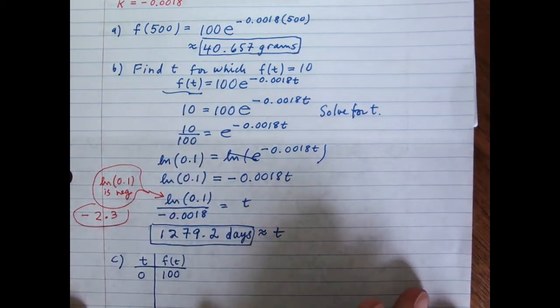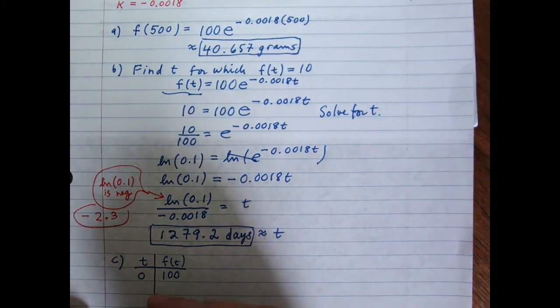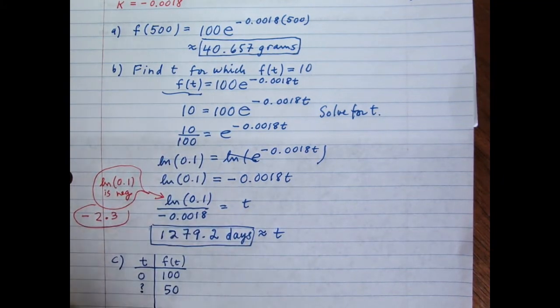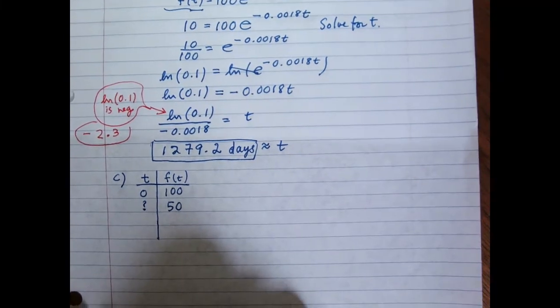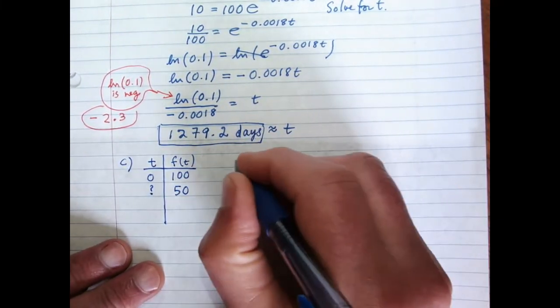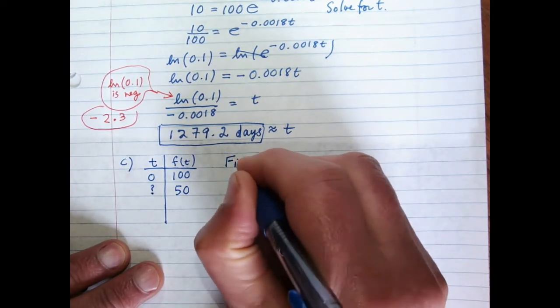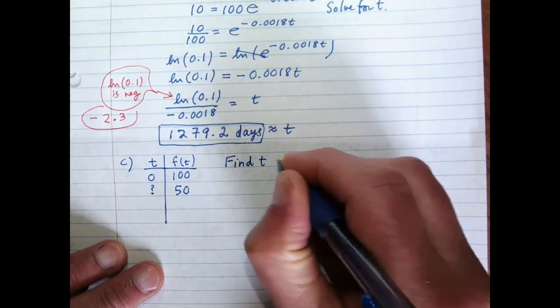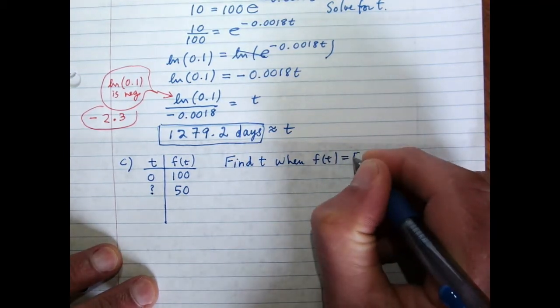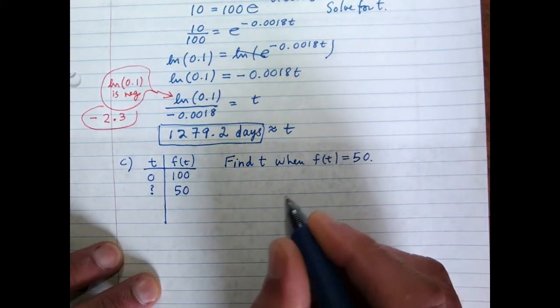And so if we want to know how long does it take to decay to 50 grams, we're trying to figure out that t value. So we want to find t when f of t is equal to 50.